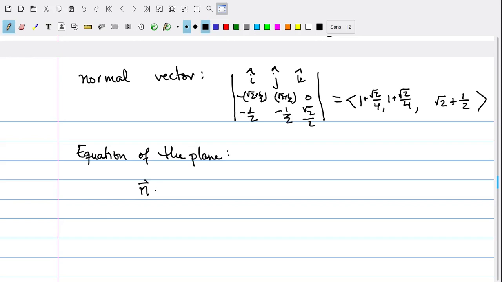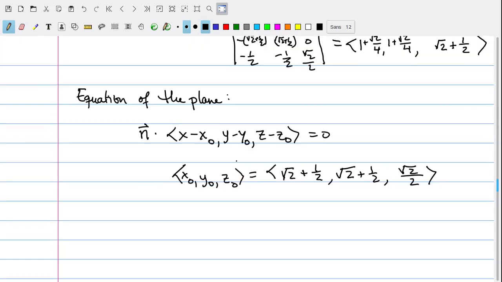So I'm going to take the dot product of the normal vector with x minus x naught, y minus y naught, z minus z naught, and I'm going to set that equal to 0. Now, the point that I have on the plane, x naught, y naught, z naught, is given by root 2, 1 plus 1/2, root 2 plus 1/2, root 2 over 2.